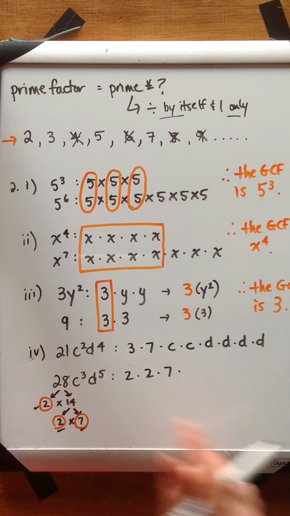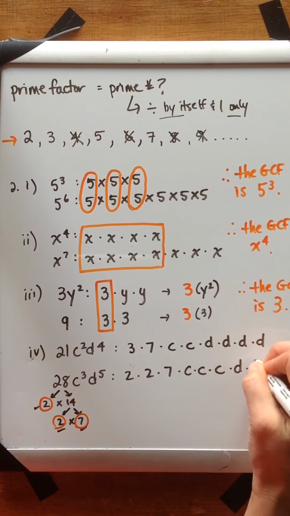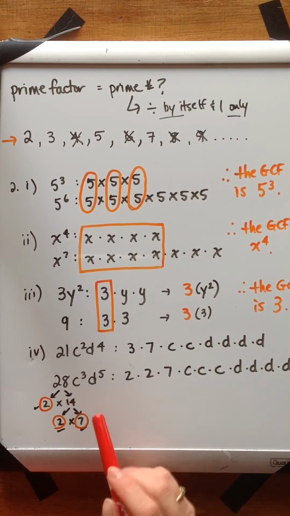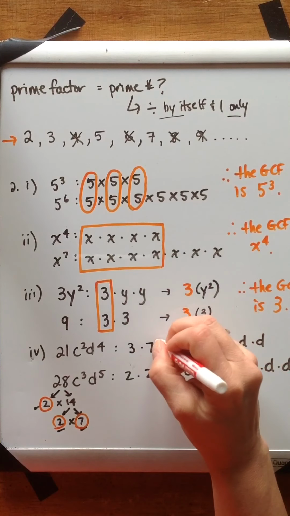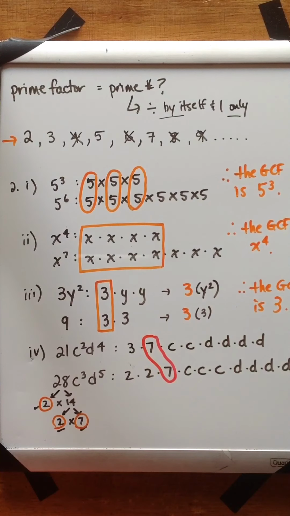And then let's expand the literal part as well. C times C times C, and 5 d's. There we go. So let's look for numerical GCFs. The only one I see that they both share is a 7.